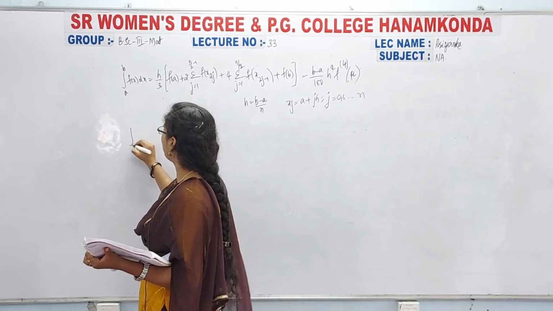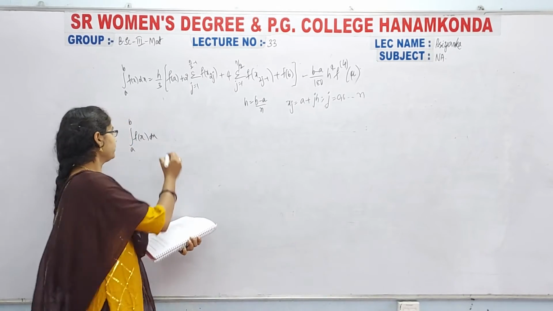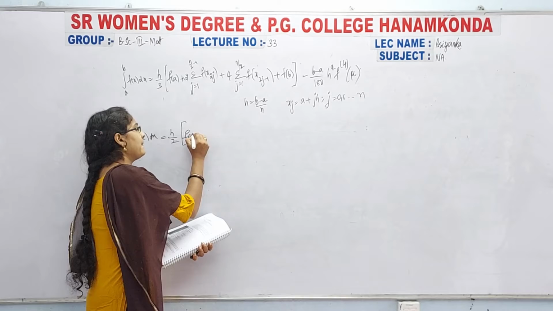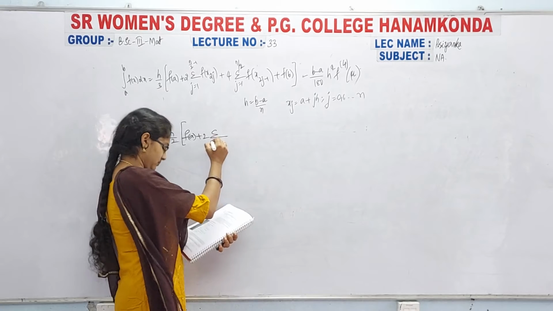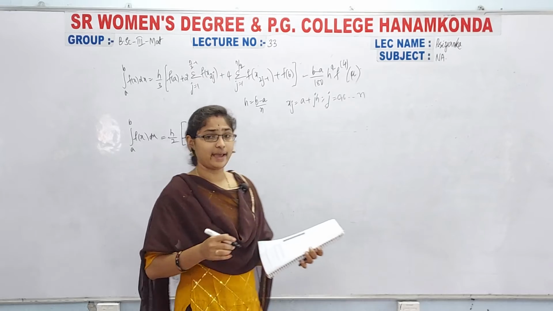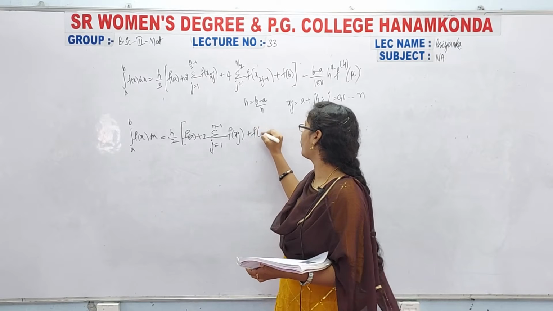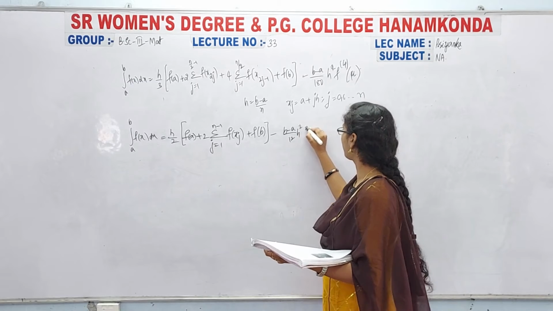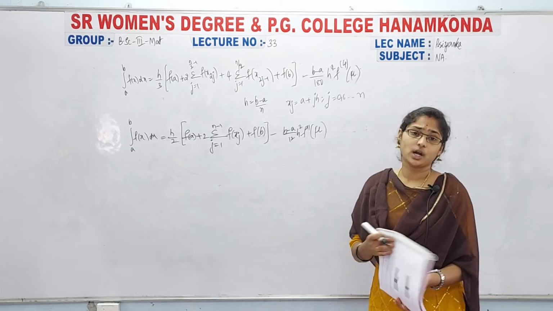Next formula, the trapezoidal rule formula: integral a to b f of x dx equal to h by 2 of f of a plus 2 of f of xj. This is nothing but the formula for the composite trapezoidal rule.